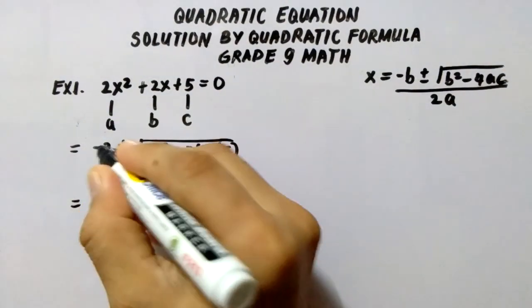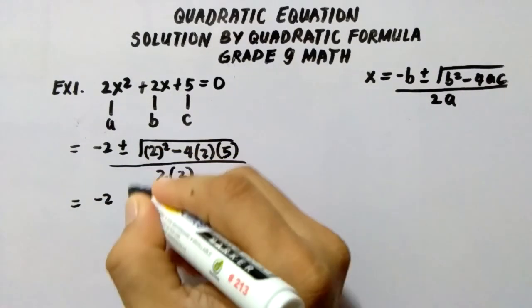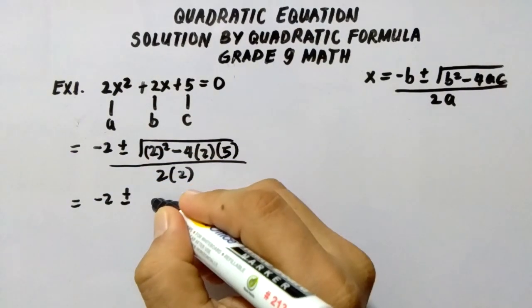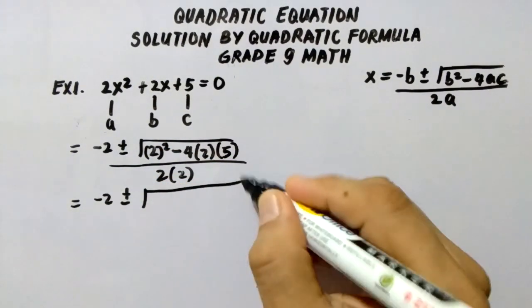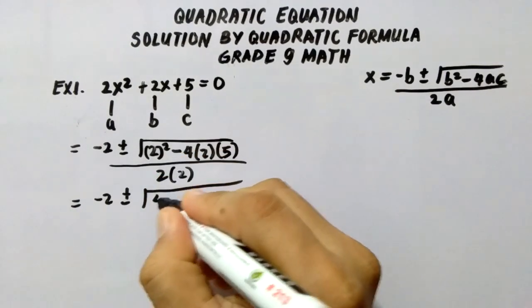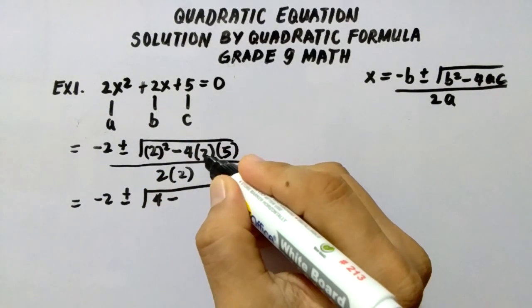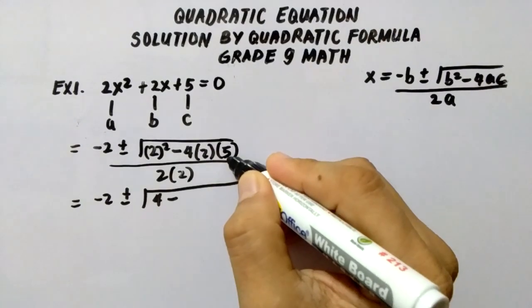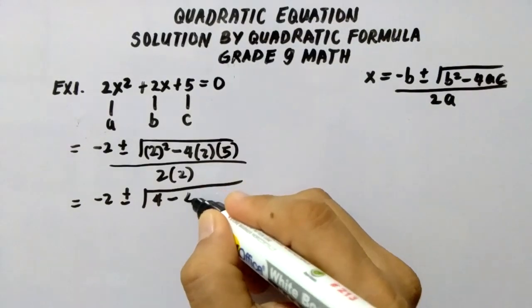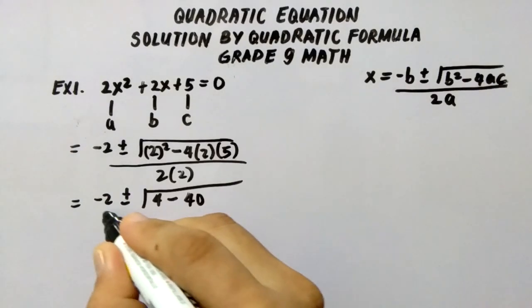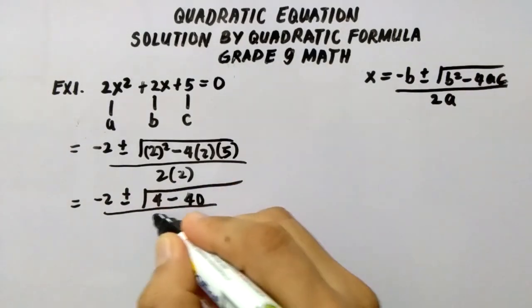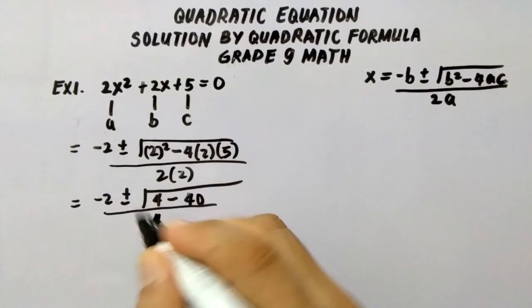Then equals, so negative 2, then positive, negative, then square root of 2 times 2, that is 4, then minus 4 times 2, that is 8 times 5, that is 40. Over 2 times 2, that is 4.